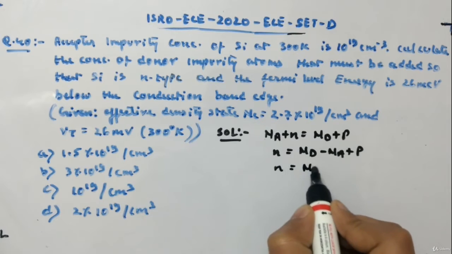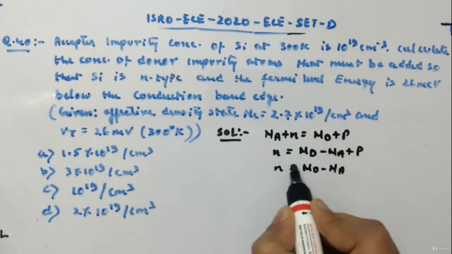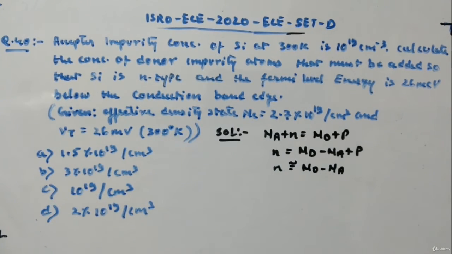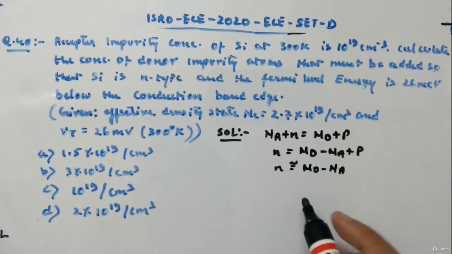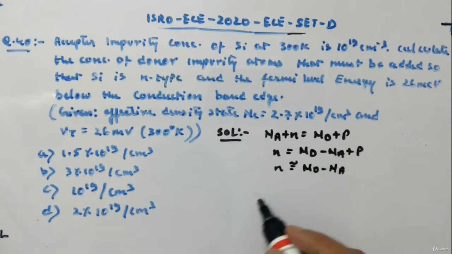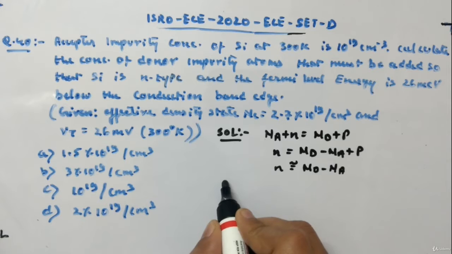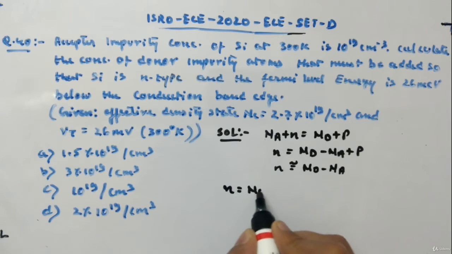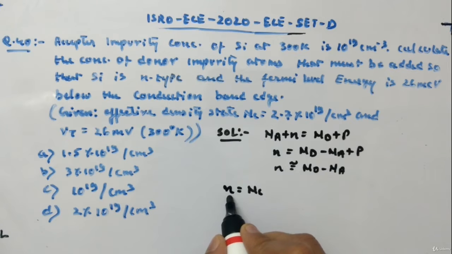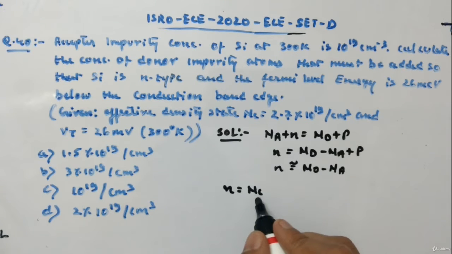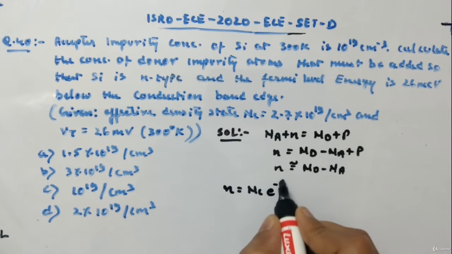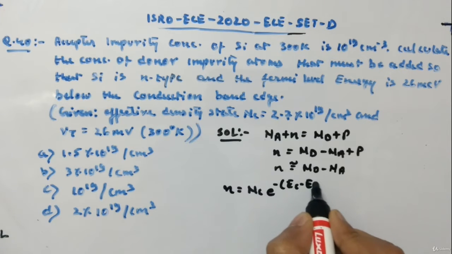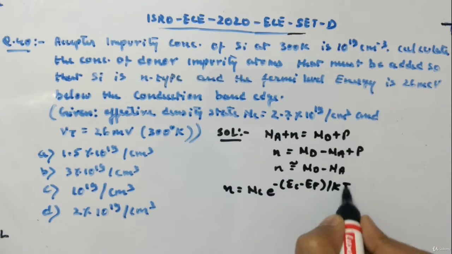So Nd minus Na will be approximately equal, it will not affect. Now the formula we will use is n is equal to Nc e to the power minus Ec minus Ef divided by Kt. So concentration of electrons is equal to Nc e to the power minus Ec minus Ef divided by Kt.